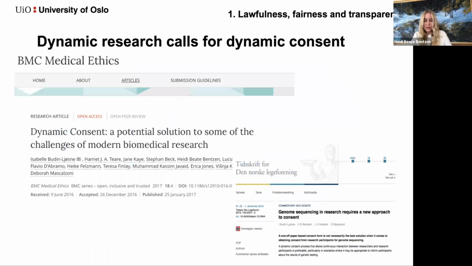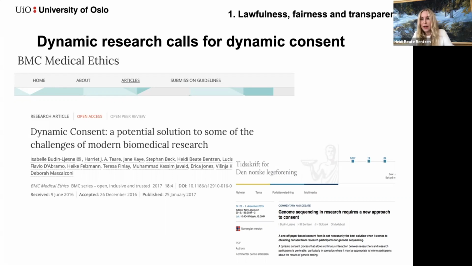With genetics research, we have a bit of a problem in the sense that it's so dynamic. Well, it's not really just a problem, it's very, very nice, but it also means that it's challenging to keep the consents valid, because the information you have provided a couple of years ago might be very out of date at this moment.